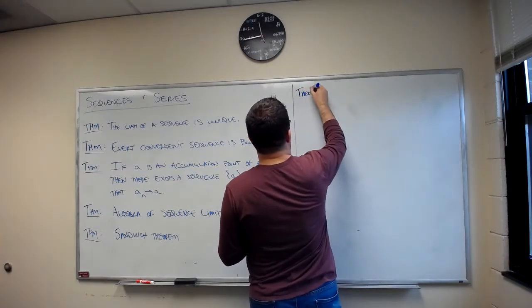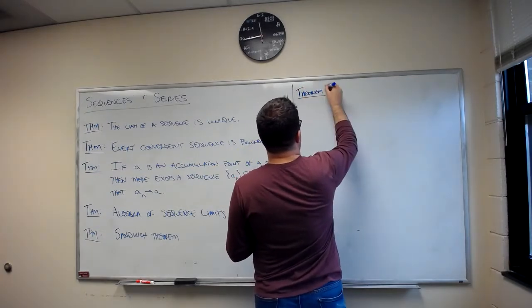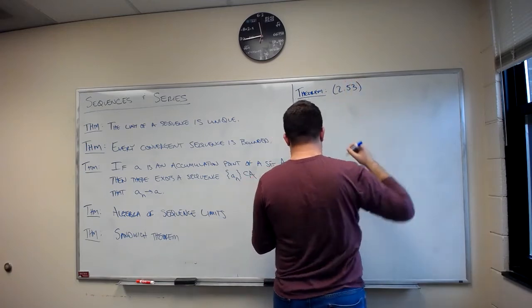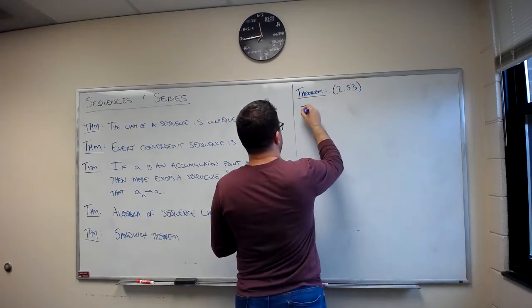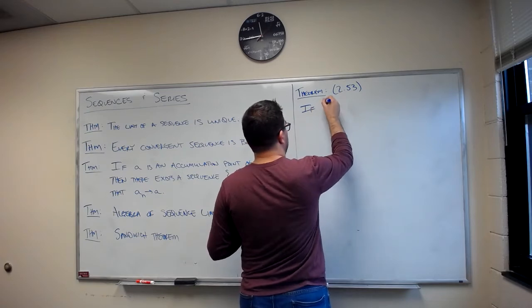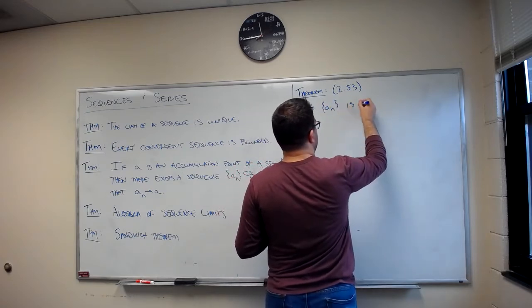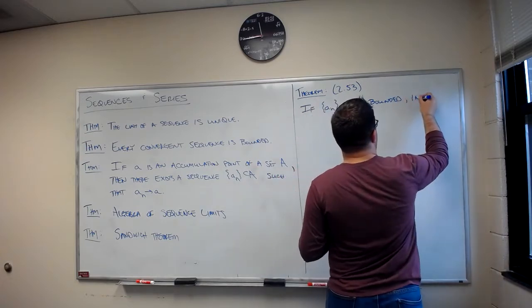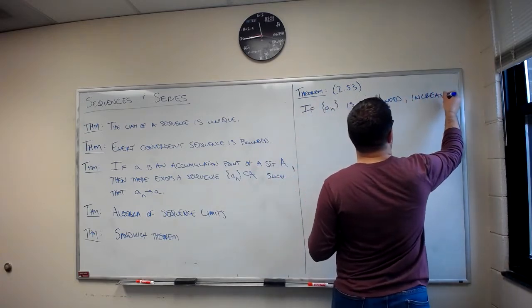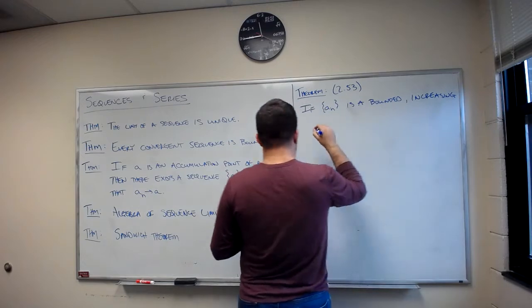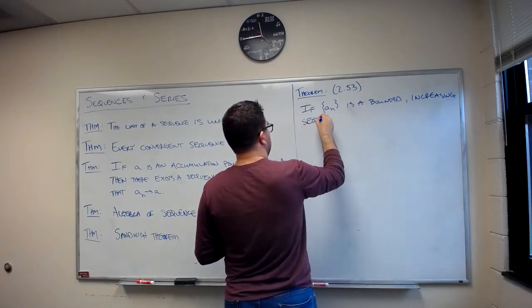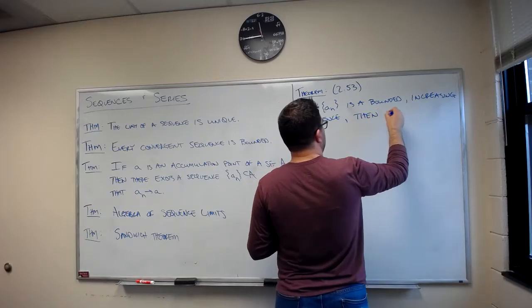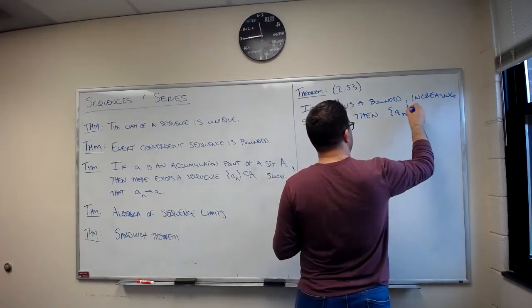And so the first theorem, this is theorem 2.53. This says if a_n is a bounded increasing sequence, then a_n converges.